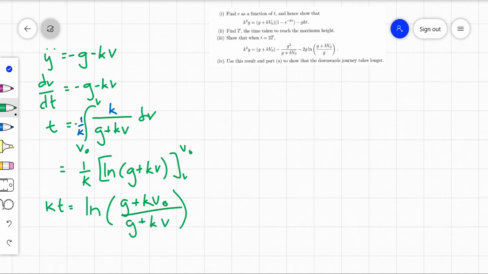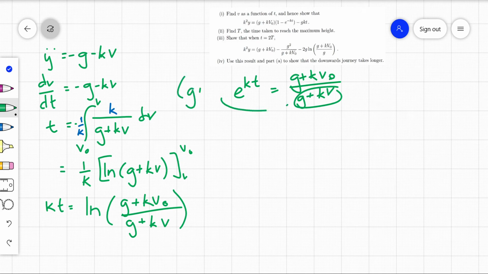All right, so if I exponentialize both sides, so I've got e to the kt being the fraction, and then remember I want v as the subject, so I'm going to times that over, and at the same time I'm going to divide, so I've still got g plus kv0.